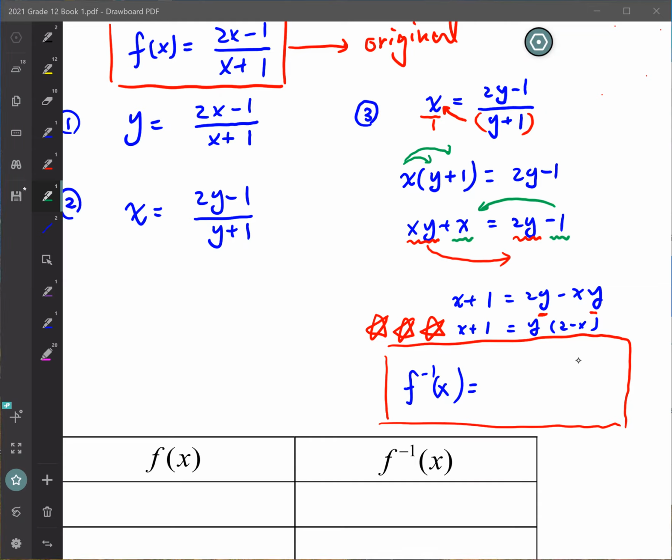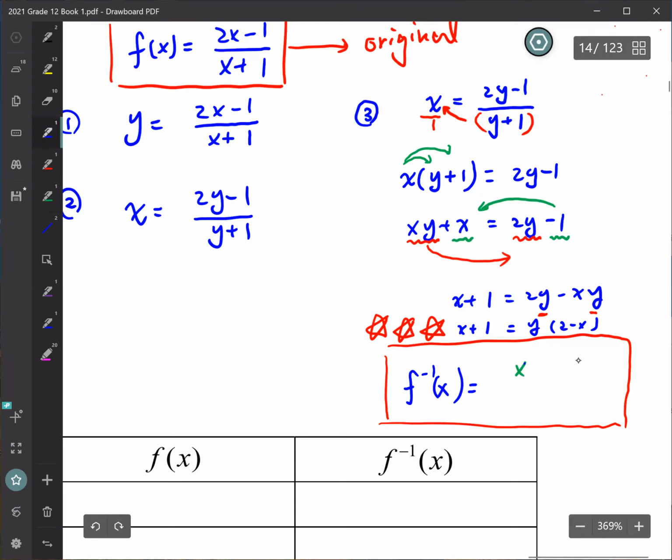What do we do now? Can we divide both sides by 2 minus x? Very good. That way it will go to the left side. So at the end, we are left with x plus 1 over 2 minus x. So this is our inverse.